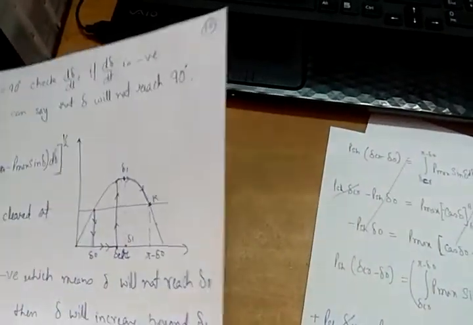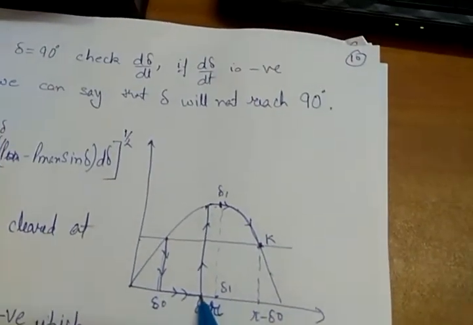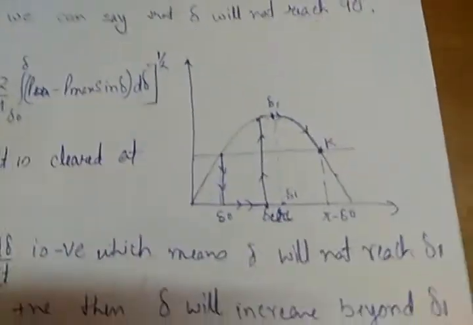So how will you calculate this delta cr, the critical clearing angle? Simply by integrating.